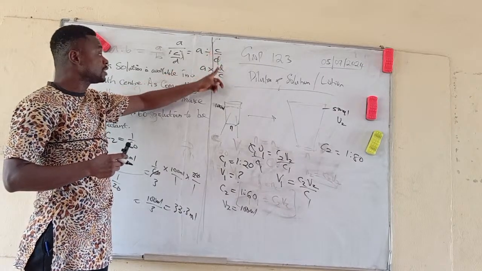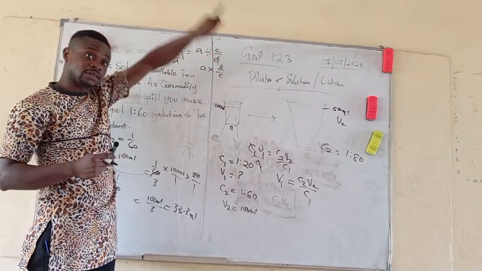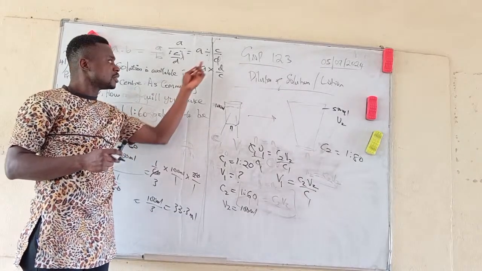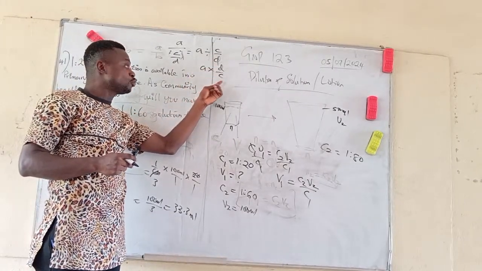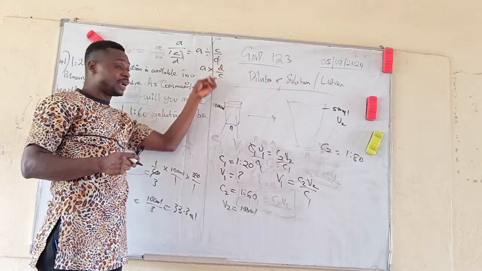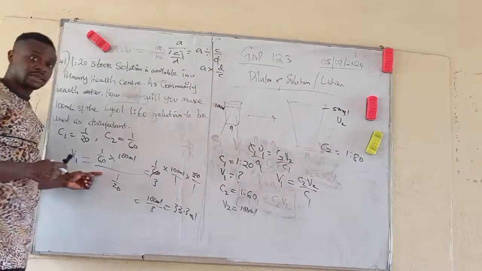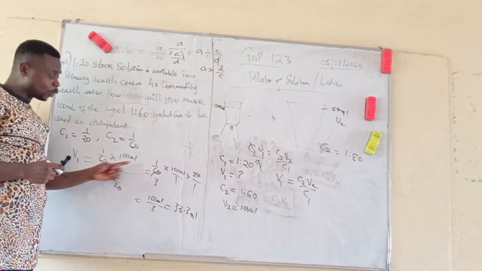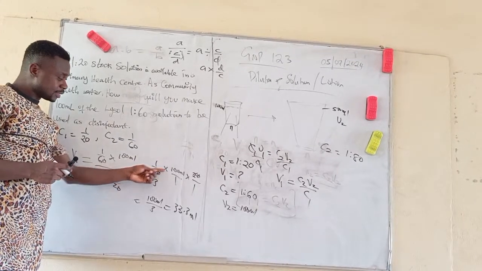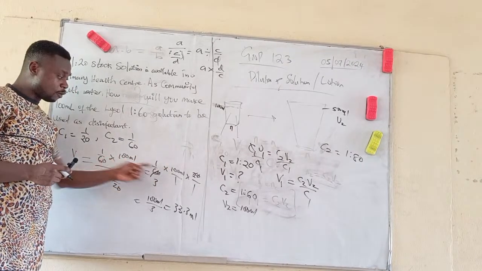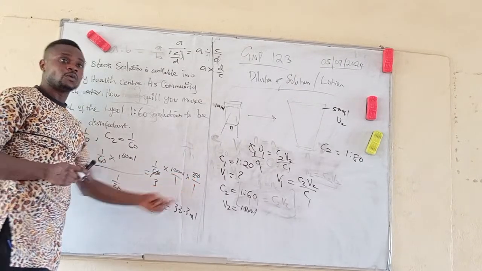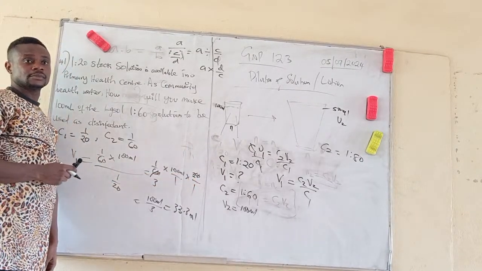If you change it now, D will come up, it will invert, D over C. That's what we did here. So that means this now becomes 1/60 times 100 mil over 1 times 20 over 1. Are you there?